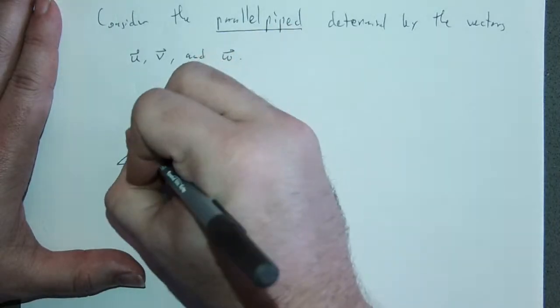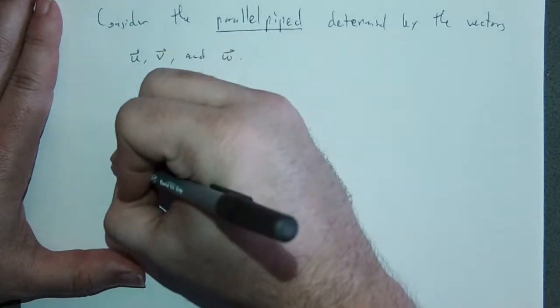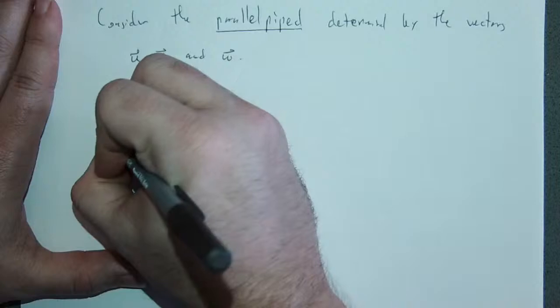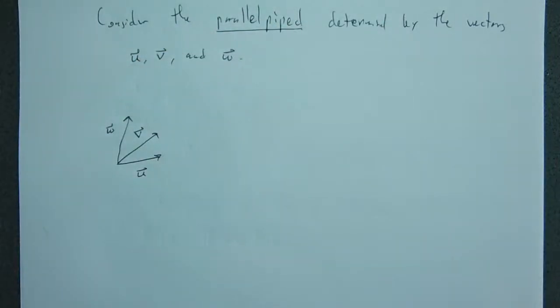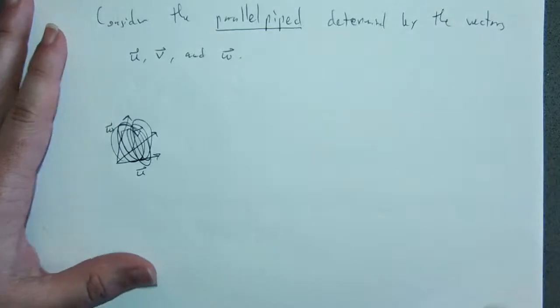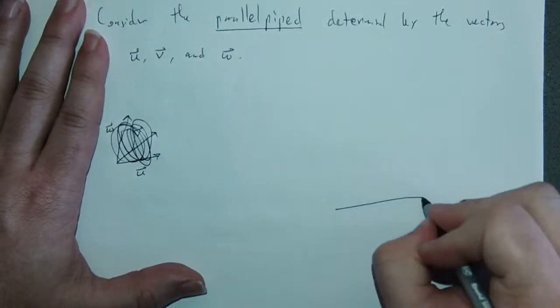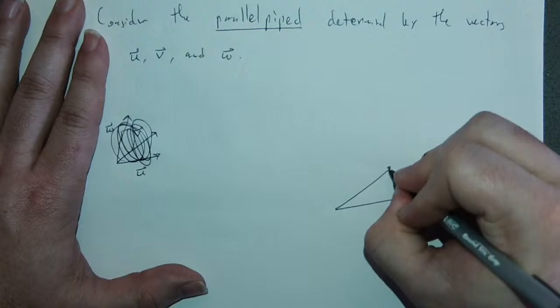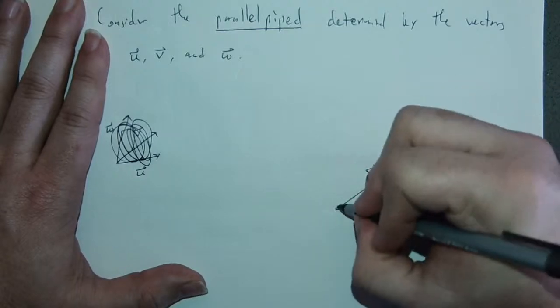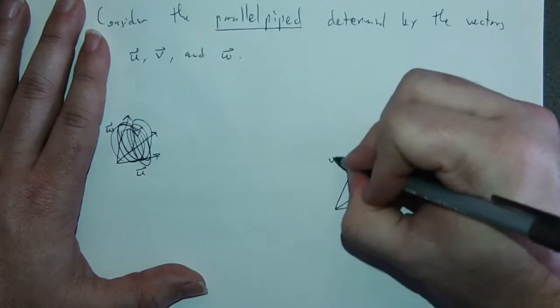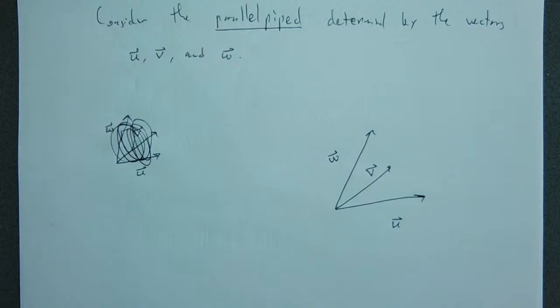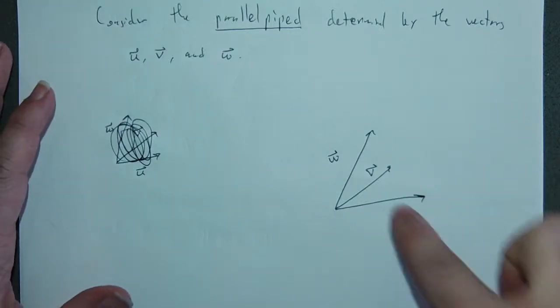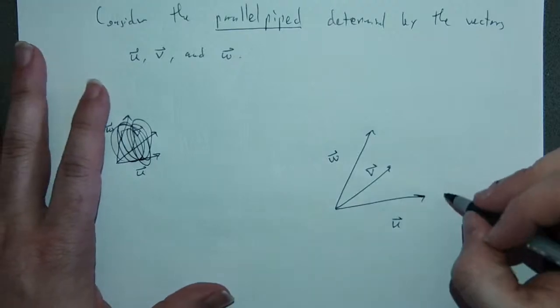So here's vector V, and here's W. Maybe I should have made this slightly bigger. Actually, yeah. Okay, my bad picture was going to be even worse. So here's U, here's V, and here's W. Now, of course, I've not done a good job of giving you some perspective here of what these vectors actually look like or where they're sitting. Here's the idea.